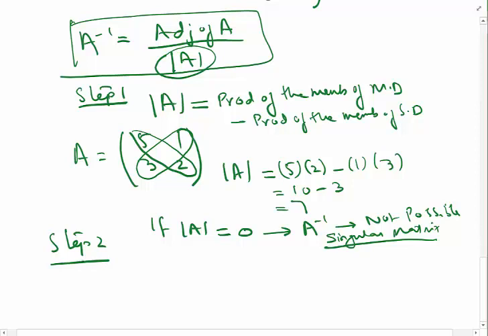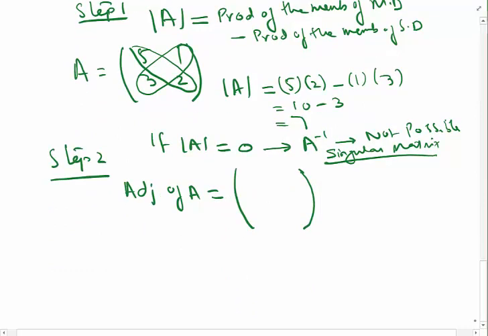Alright, now step 2. After finding the determinant of matrix A, which is 7, in step 2 we need to find the adjoint of A. Remember, the adjoint of A is itself a matrix, and how can we generate this adjoint? We just need to interchange the members of the main diagonal and reverse the signs of the members of the secondary diagonal without interchanging them.